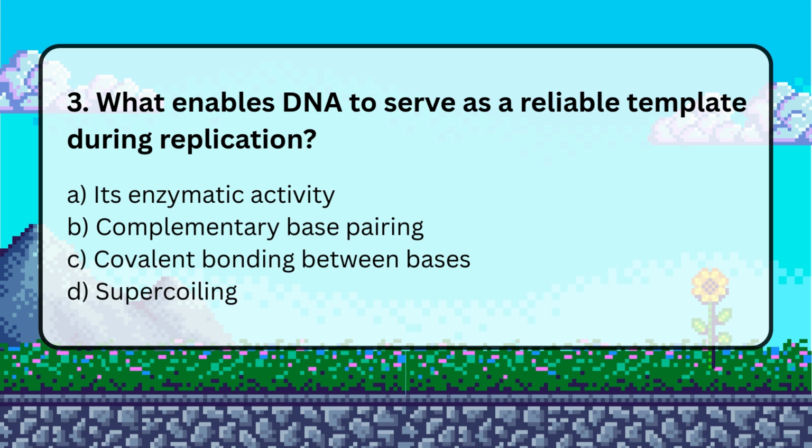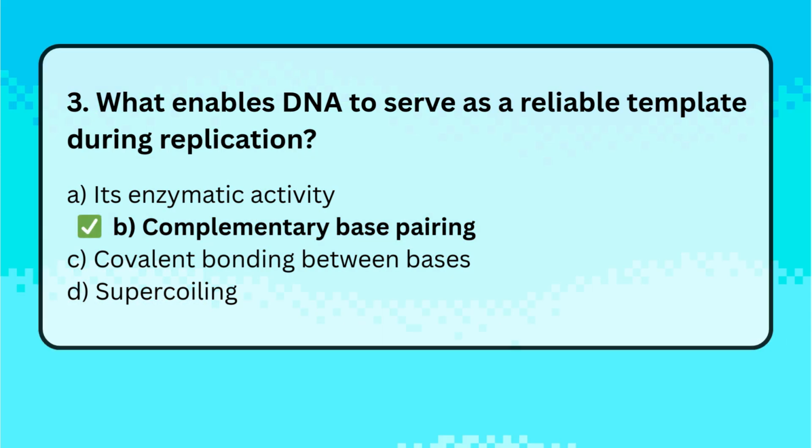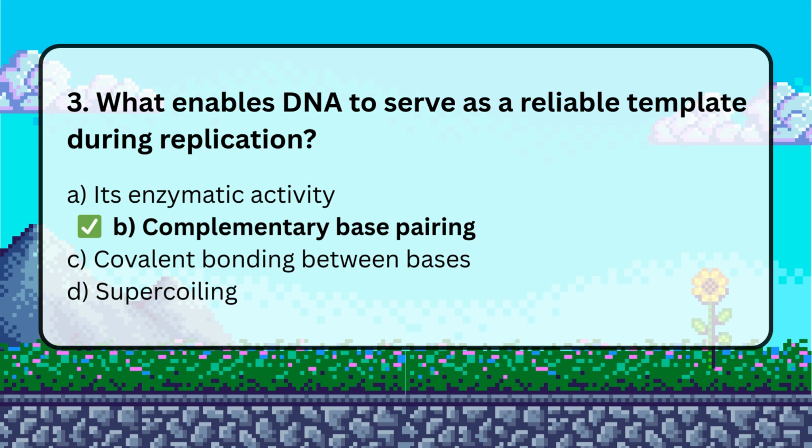Supercoiling is related to a more compact version of the genes. So DNA strands pair specifically A with T and G with C, allowing the cell to easily create an exact copy of the strand during replication. So the right answer is complementary base pairing.